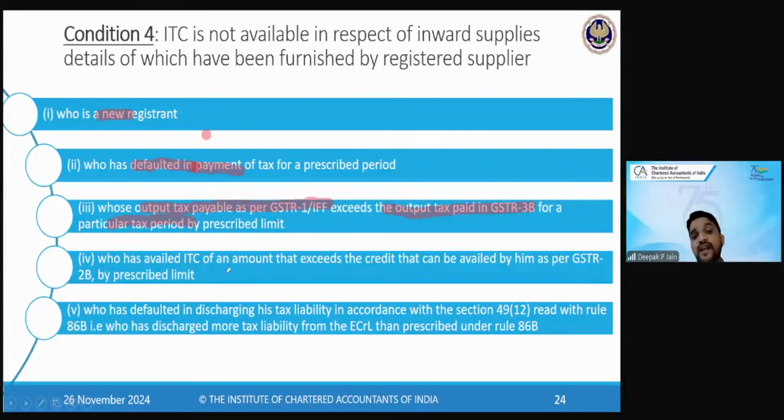Fourth, who has availed ITC more than the credit appearing in GSTR-2B, not yours, but your vendor's. All of these conditions concern the vendors. If the vendor has done anything wrong, and if you are dealing with such a vendor, then your credit will be blocked. Fifth, who has defaulted in discharging his tax liability in accordance with Section 49 read with Rule 86B.